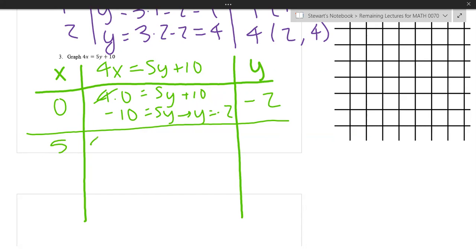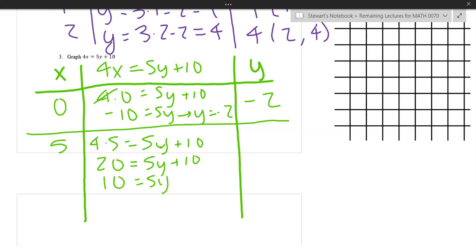Then we'd have 4 times 5 is equal to 5y plus 10, which means that 20 is equal to 5y plus 10. So 10 equals 5y, which means that y equals positive 2.